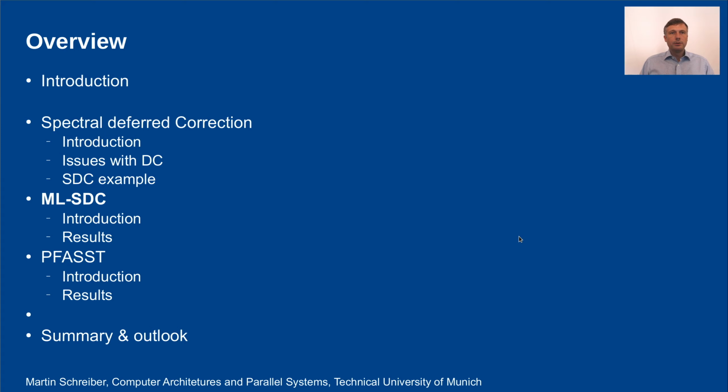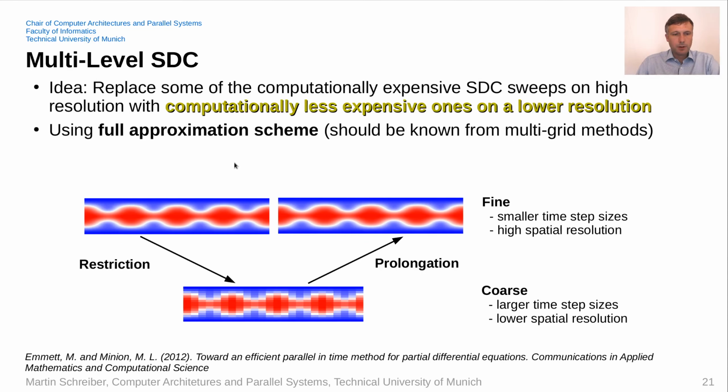So after we know how to use these spectral deferred correction methods and how they work, let's think about the multi-level extension of that, which is able to overcome one particular problem if you think about time step restrictions. Namely that if you have a very costly and time step restricted time integration on the high resolution, we might be able to just do that on a lower resolution by restricting the solution to a lower resolution, which means that we take this high resolution representation and we apply a restriction on that.